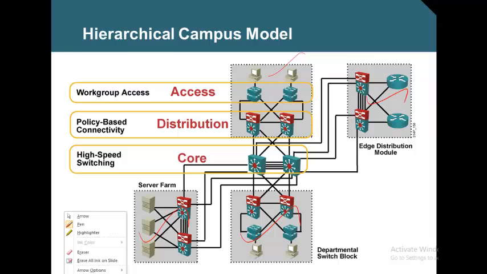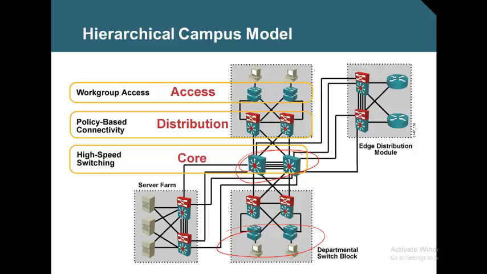Core layer connects between all the segments. Each segment has an access layer and distribution layer. This is where you're connecting to the internet. That's why we call it the edge distribution model. Edge of your network, the place where you connect to the internet.